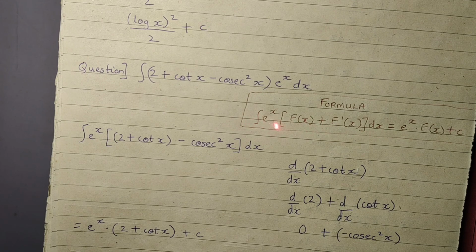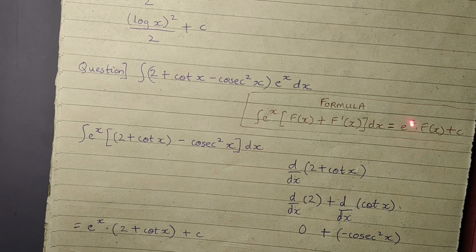So you have successfully solved this using the formula. How? e raised to x is already there. This is f of x and this is f dash of x. So this is in minus, but you have to take this minus sign with the term. Okay, so you can solve this using this formula. So this integration of this function into dx, you will get the final answer: e raised to x into f of x, that is what is written in the formula.